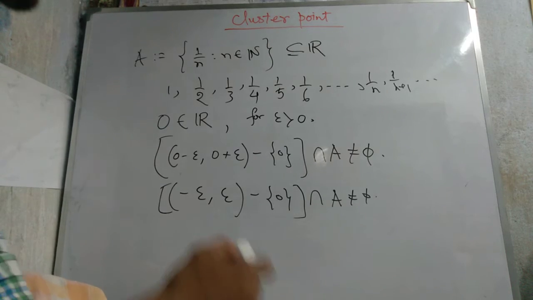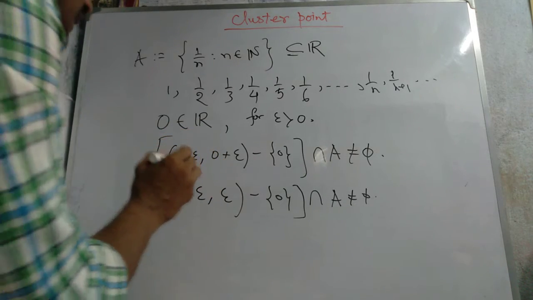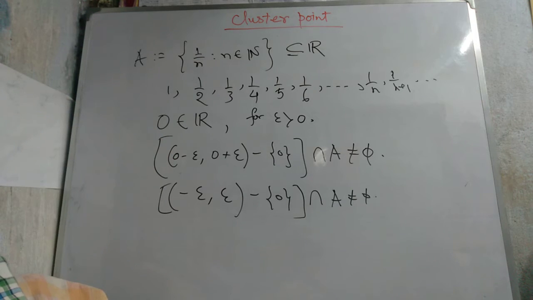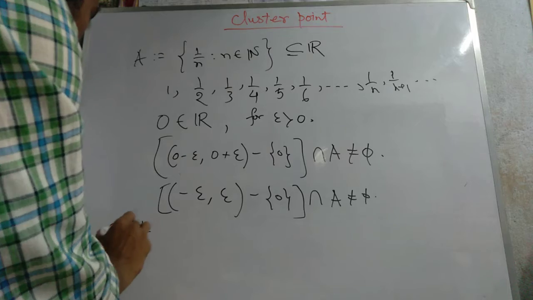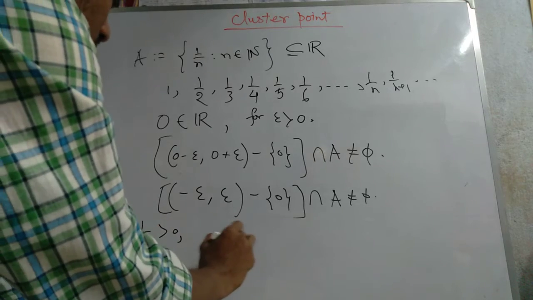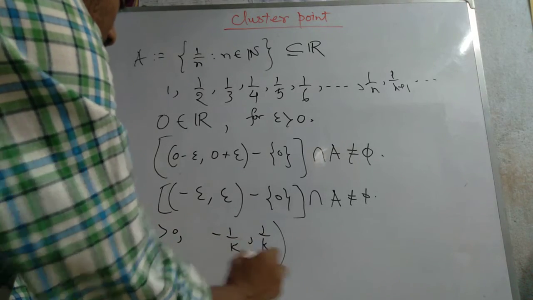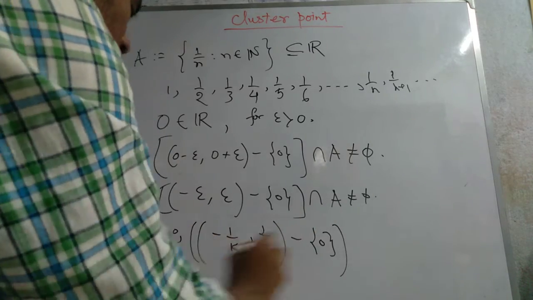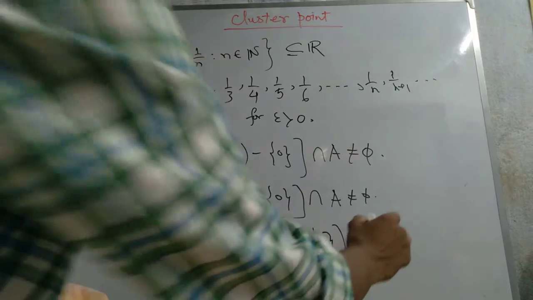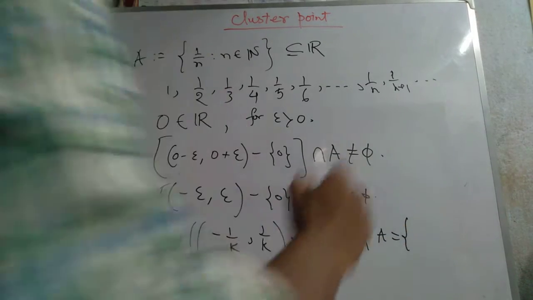Because for any small epsilon, we choose epsilon equal to 1/k, greater than 0. Then this one is (-1/k, 1/k) minus {0}, intersection A equal to, which points belong?